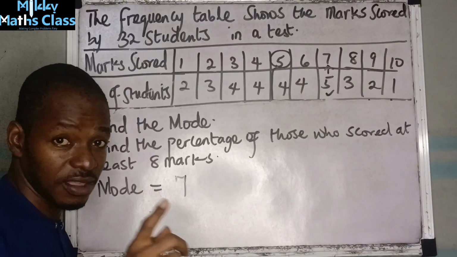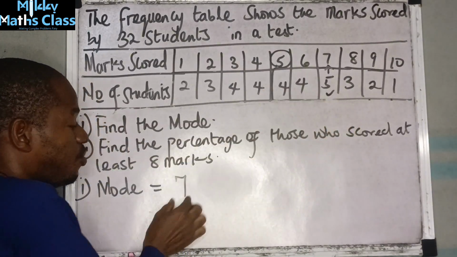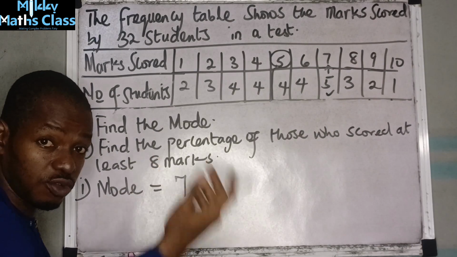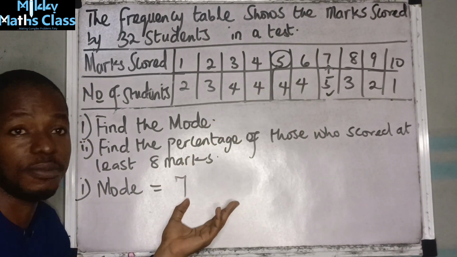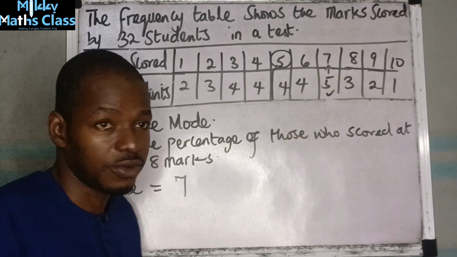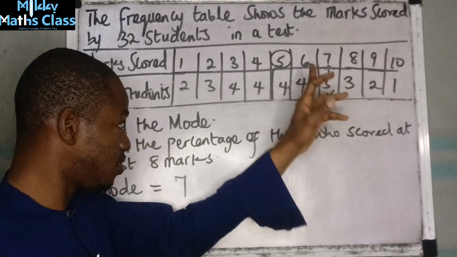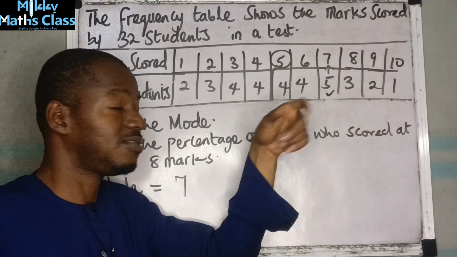So don't make that mistake by choosing the highest frequency and just putting that the mode is 5. If it were an objective question, sometimes they might put 5 there, and out of haste you just put 5, and you are wrong. So take note when you identify the biggest frequency.